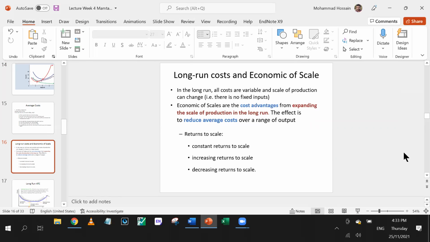So this thing is known as returns to scale. Return means like yield, you can say that way.